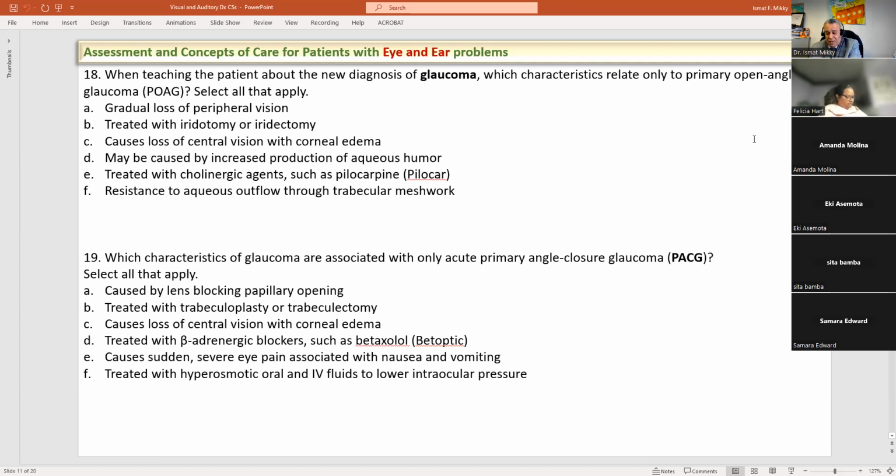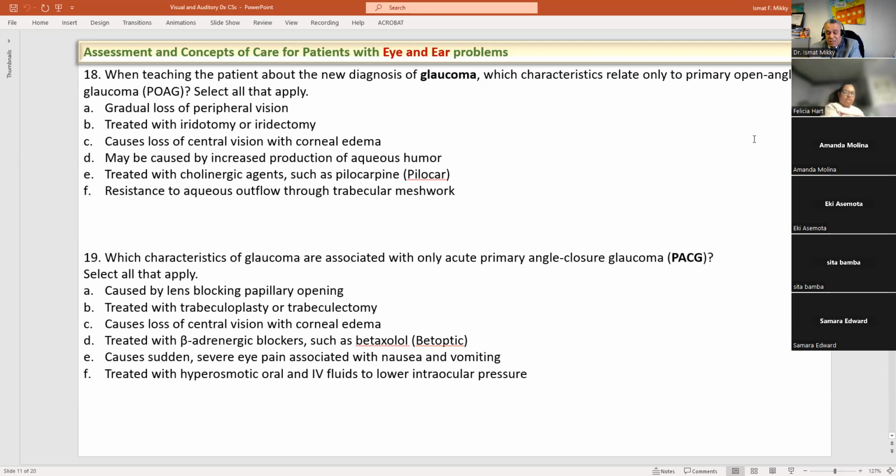So we'll look at the manifestations of angle closure. The pathophysiology and manifestations will include A, lens blocking the pupillary opening, C, loss of central vision, and corneal edema.